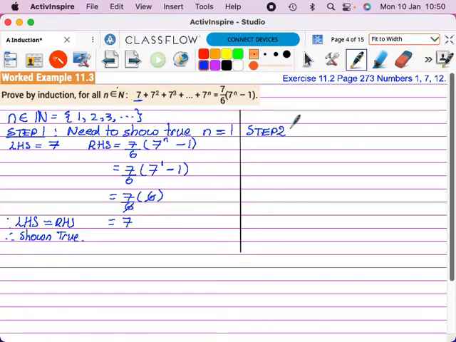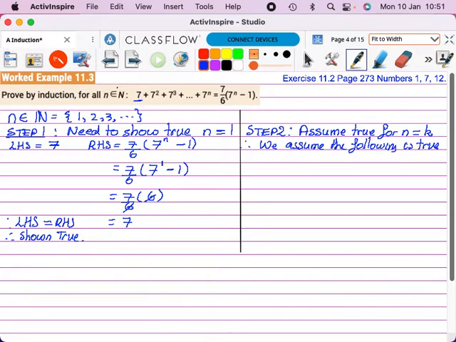And you have to learn this expression: assume true for n equals k. Therefore, we assume the following statement is true.